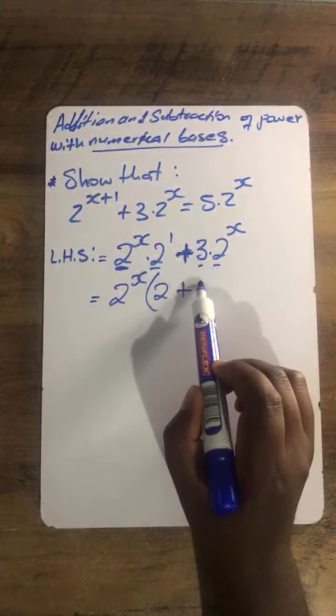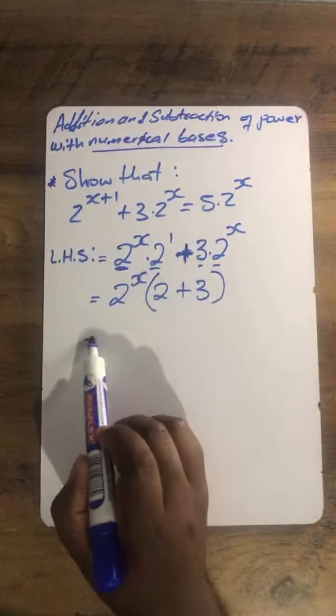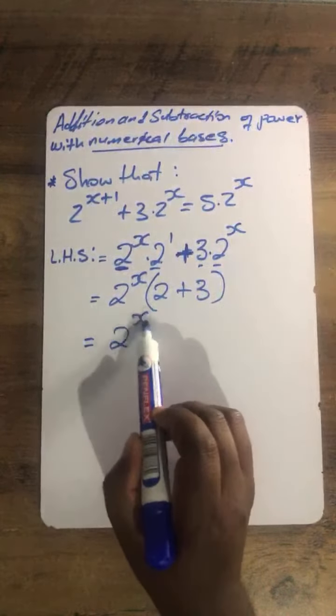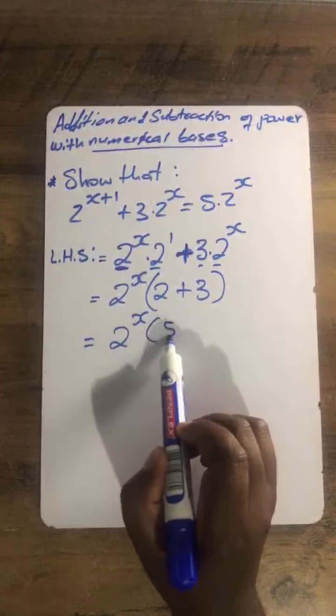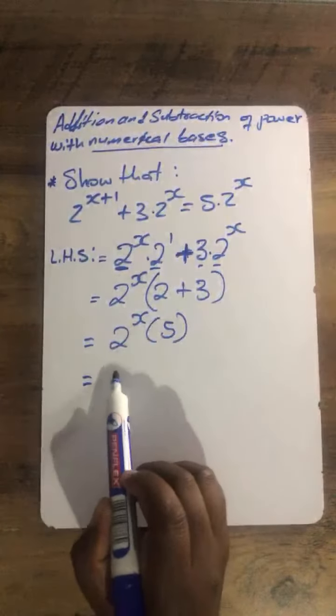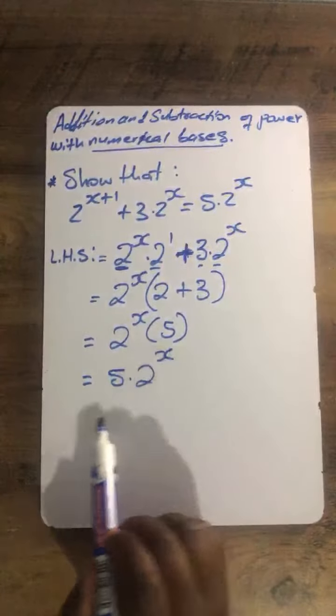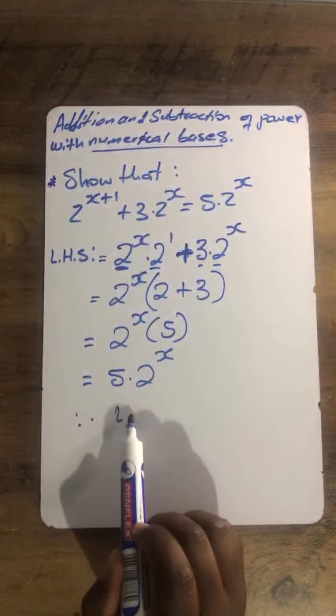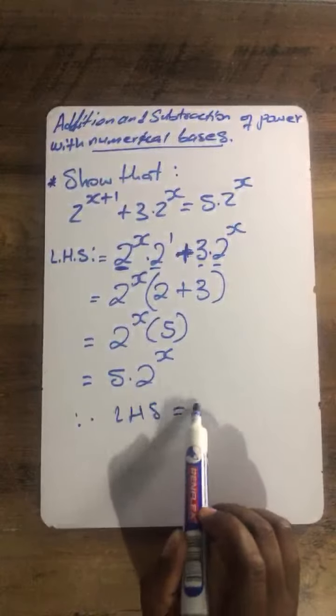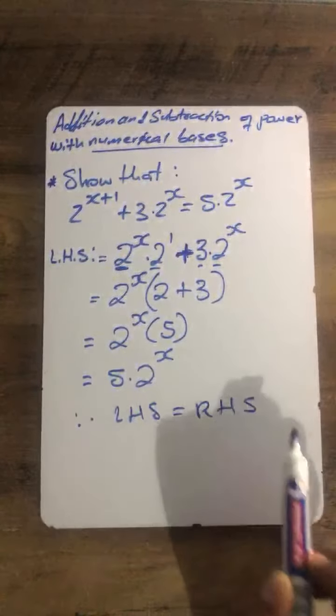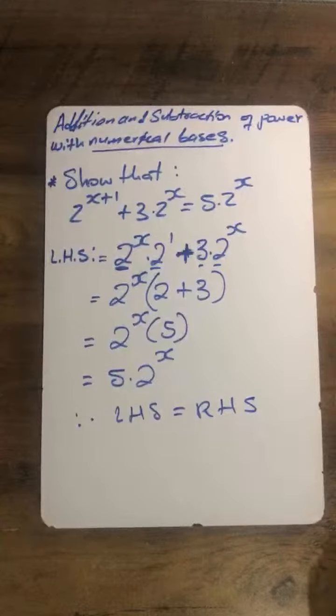Then what remains there is 3. So can you guys see, you end up having 2 plus 3, that is 5, which is the same as 5 multiplying 2 to the exponent x. So can you guys see, you did show that the left hand side is equal to the right hand side. Okay, then it's fine.